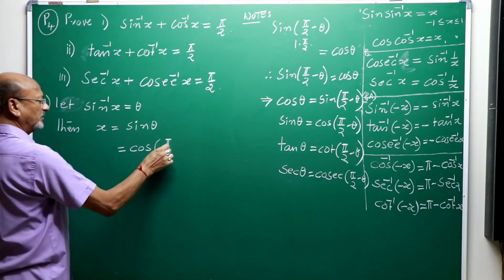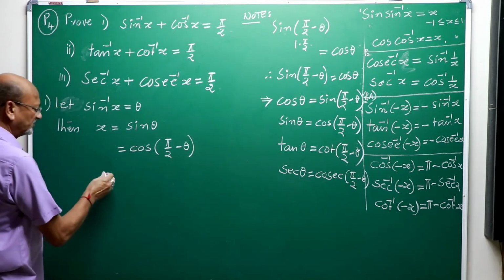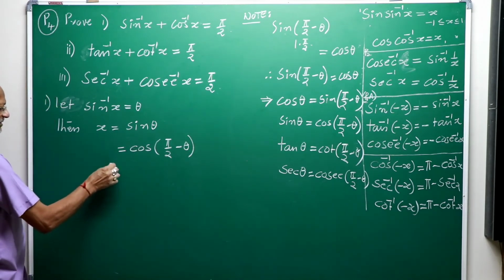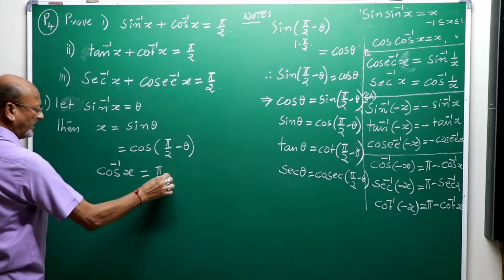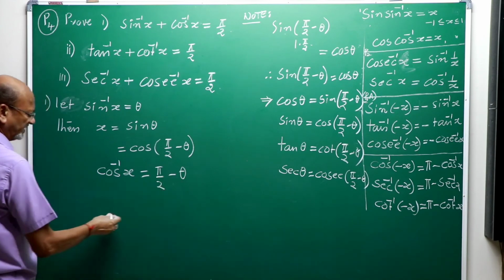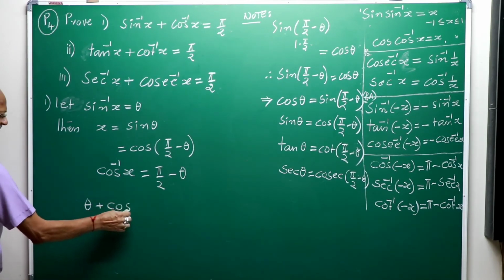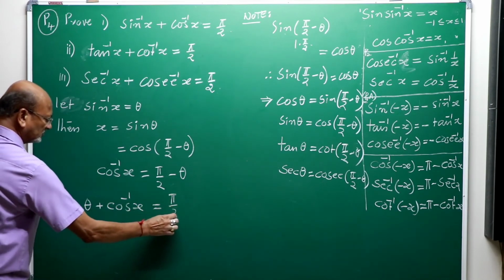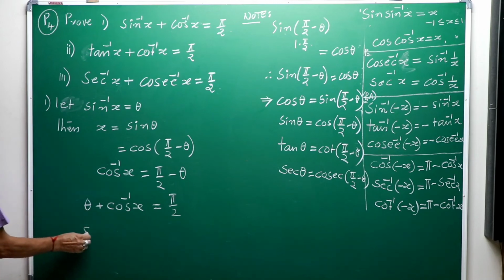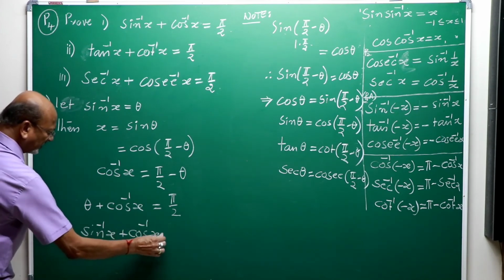What I told: replace your angle by π/2 minus theta. Bring cos this side: cos inverse x equal to π/2 minus theta. Bring minus theta this side, it becomes plus theta: theta plus cos inverse x equal to π/2. Put the value of theta: sin inverse x plus cos inverse x is π/2.